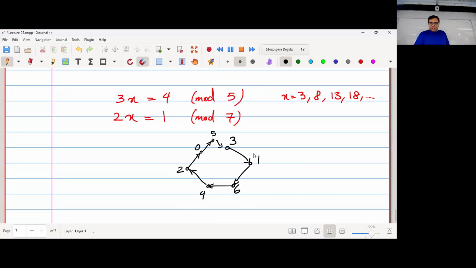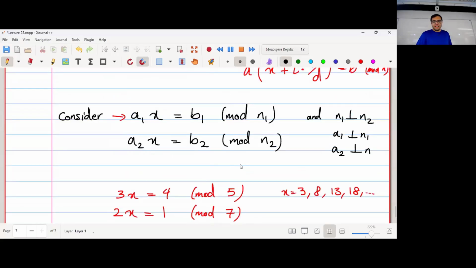So I have this cycle, and all I want to do is find this number, find 1 in this cycle. And in this case, I did. Okay, so I want to find B2 in this cycle. Can I always do it? Yes. Why can I always do this? Because I'm assuming that N1 and N2 are relatively prime.